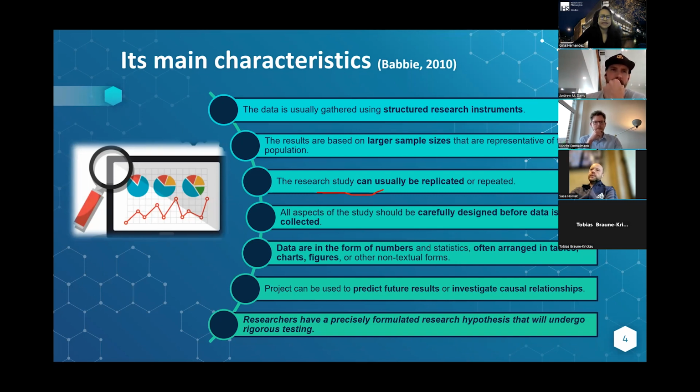Okay, so the data that we use in quantitative research is usually in the form of numbers, and we run statistical analyses in order to make conclusions about the data. And often we arrange this information in tables, charts, figures, or other non-textual forms.